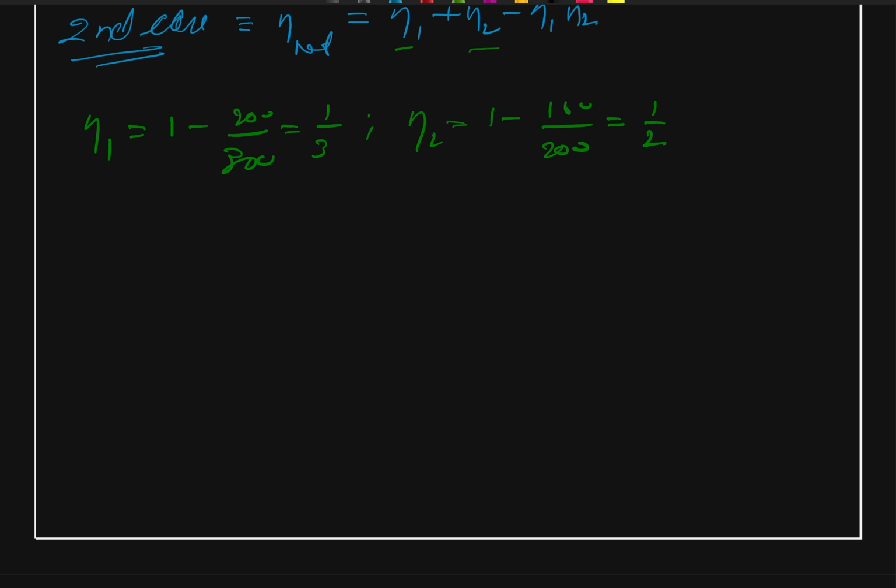So we can say our net efficiency will be equal to 1 by 3 plus 1 by 2 minus 1 by 3 times 1 by 2.